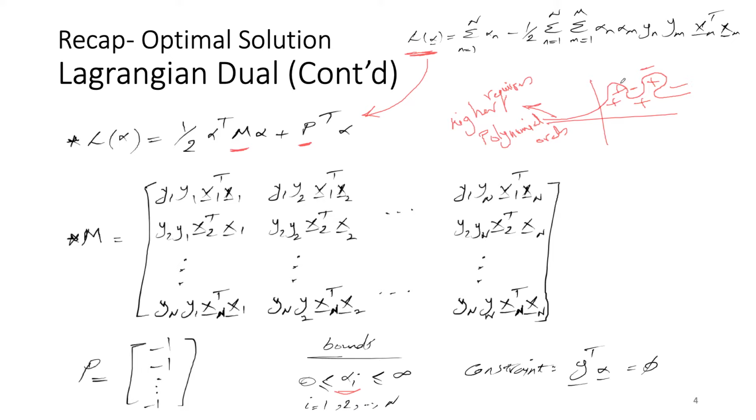So now using this duality form that we defined, we can apply kernel functions to avoid computing this higher order of polynomials. This process is called the kernel trick, and I'll showcase it in a few slides.